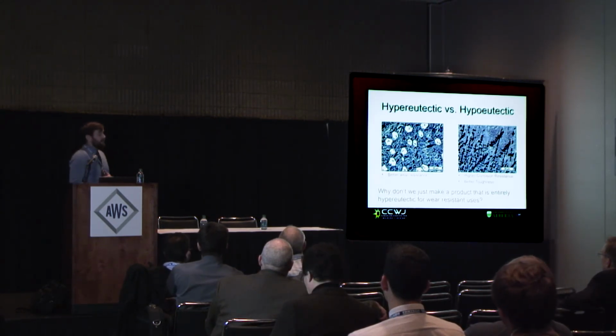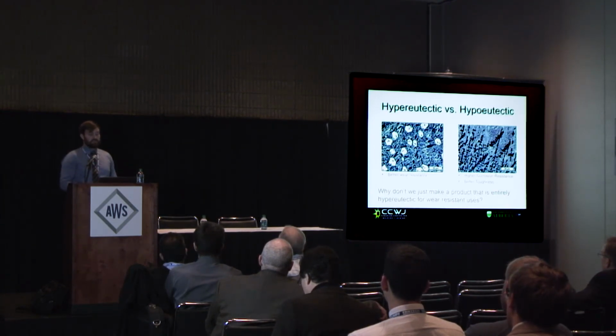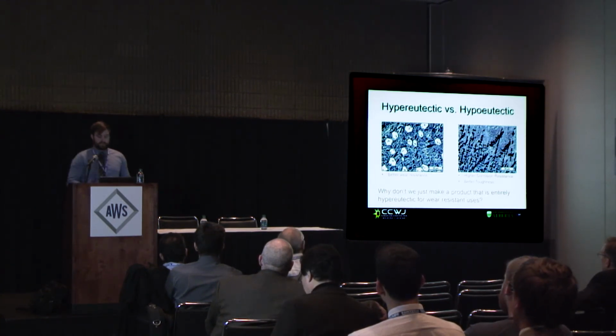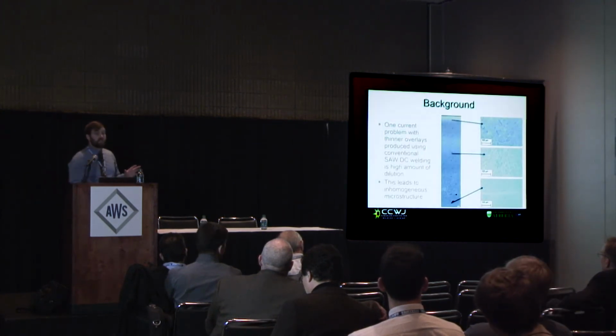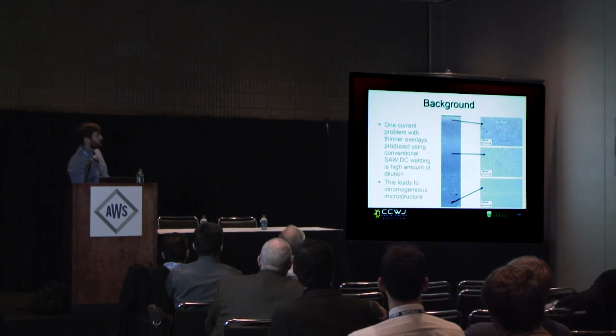So now, for us, why would we not just do an entirely hypereutectic? We're just concerned with wear mostly. We're not too concerned with corrosion resistance or toughness because it's being applied to the tougher base material. What we actually found with the submerged arc welds that were being produced is that they had this layering effect.